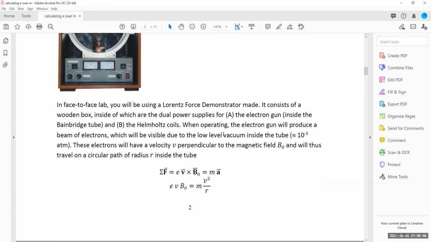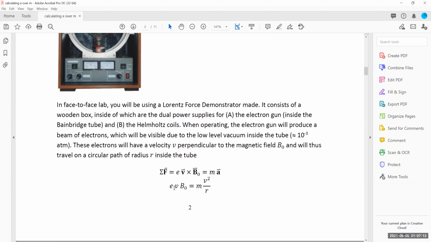So the theory goes like this. Inside a magnetic field, the only thing a charge can do in general, it doesn't have to be an electron, any charge, is spiral. We saw that because the acceleration is perpendicular to the velocity, and that is a circular motion. From here you get evB, where B is the magnetic field the charge is in, proportional to the square of the velocity.